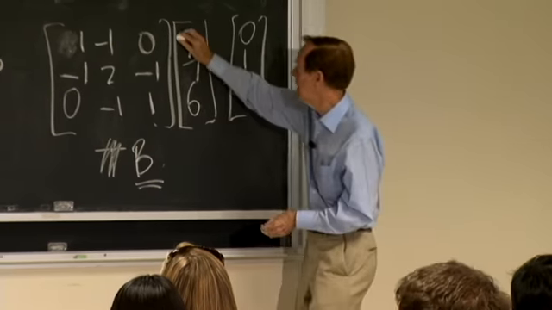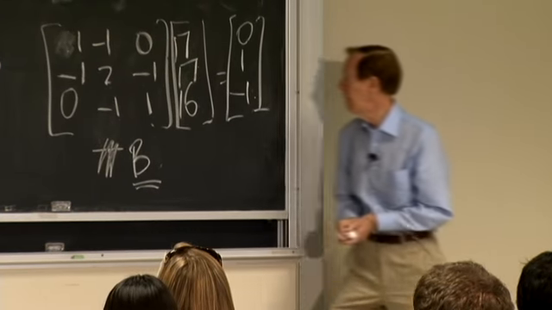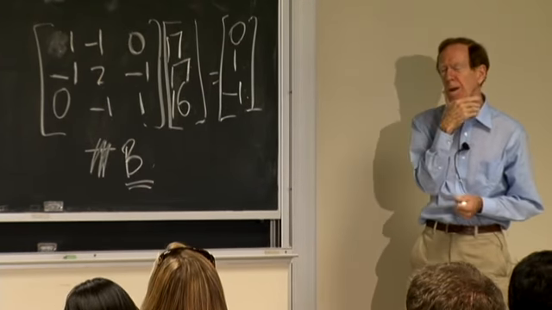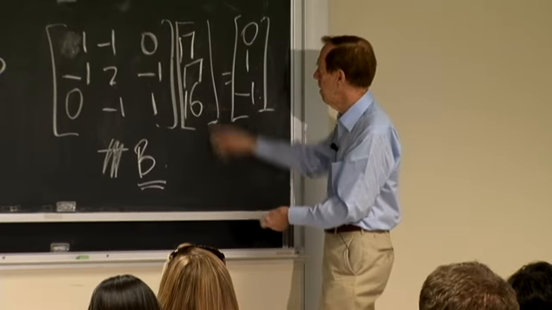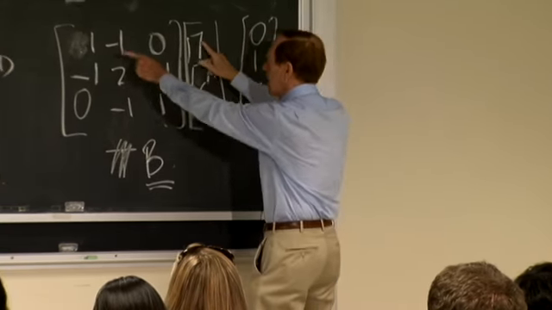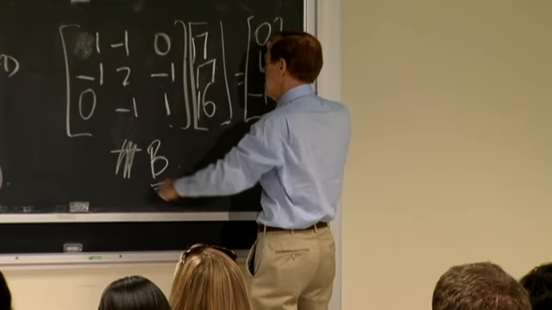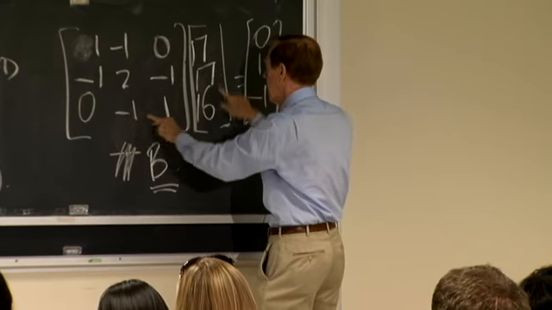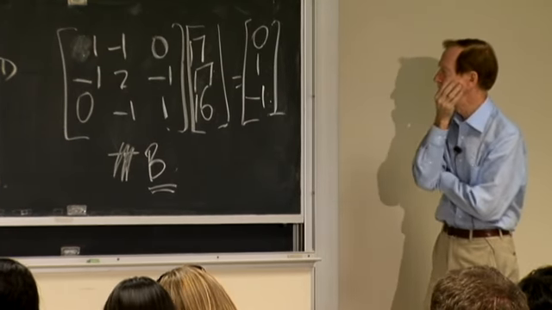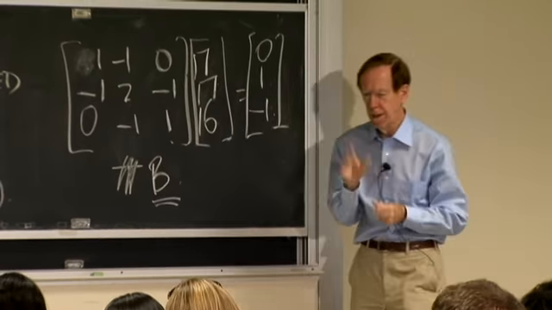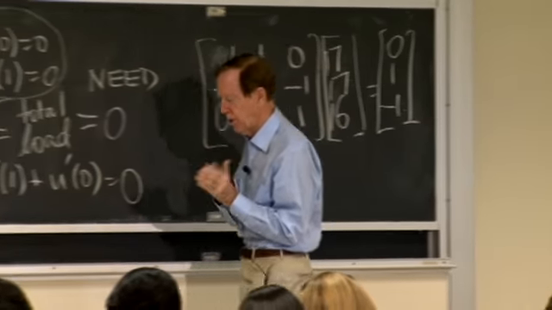I could make it 17, 17, 16. I could add 10 to everything, right? That's the plus C that I could do over there. Now, that can't change because the 17 minus 17 is still 0. Everything minus 17 plus 16 will still be minus 1. All good.